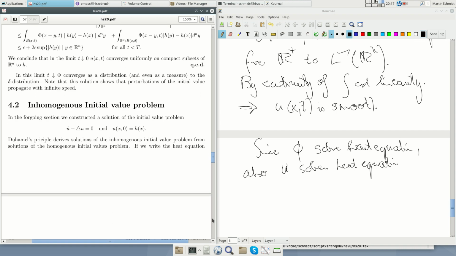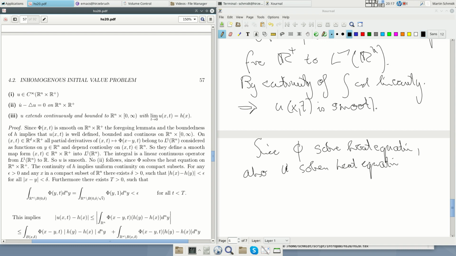To estimate the limit t going to 0, we note the following.